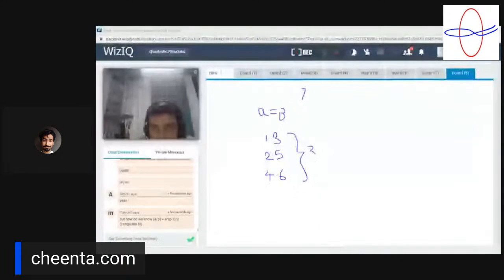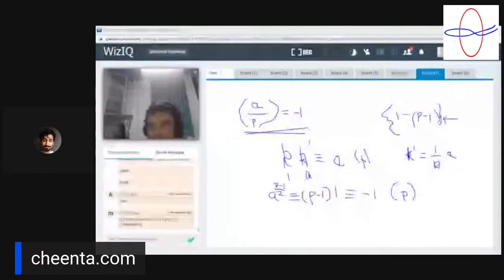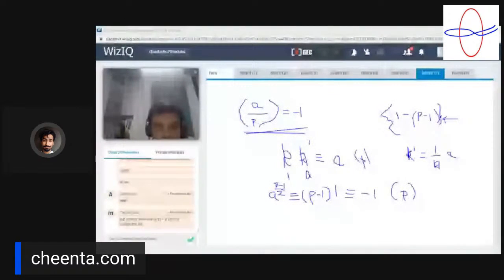You can see that for any value of a and p, similarly, you'll divide the numbers from 1 to p minus 1 into (p minus 1)/2 pairs, and then substitute it here.